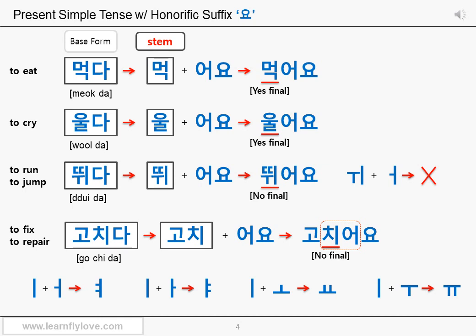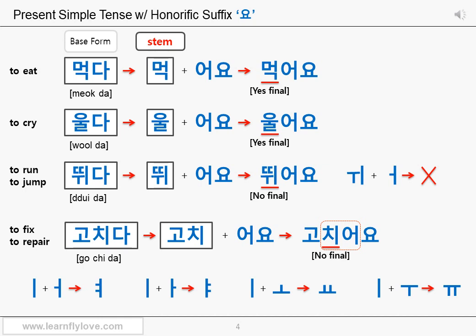Why? Just phonetically, it naturally becomes like that. You can try to pronounce the ㅣ vowel and the ㅓ vowel consecutively, but super fast. Like yo. See? It becomes yo. So when the ㅣ vowel is merged with the ㅓ vowel, it becomes the ㅕ vowel.